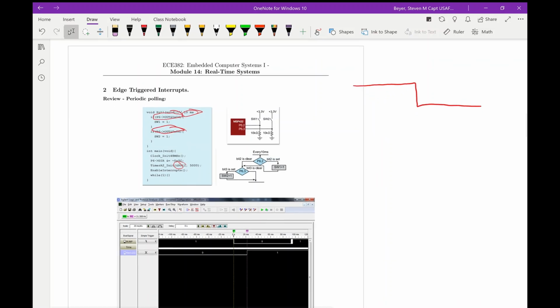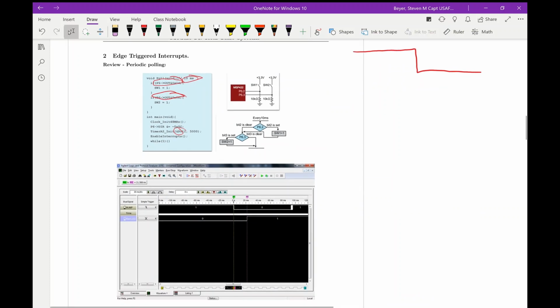If we look at the latency of that, the time from when the trigger occurs to when we actually run the ISR, since we are using periodic polling, this time is not related to the ISR starting because of the change in the bump. The ISRs just happen every 10 milliseconds.